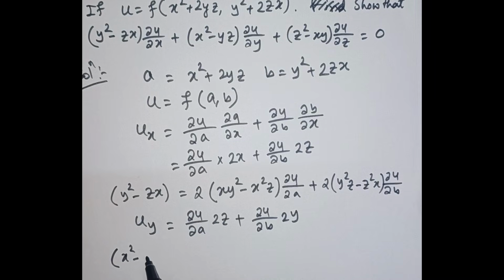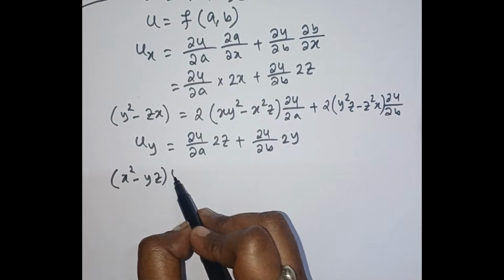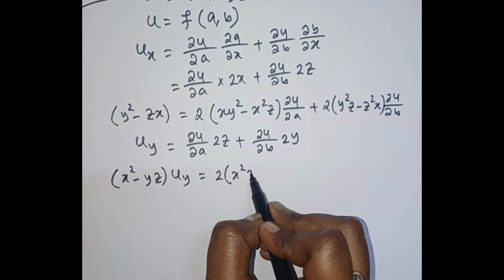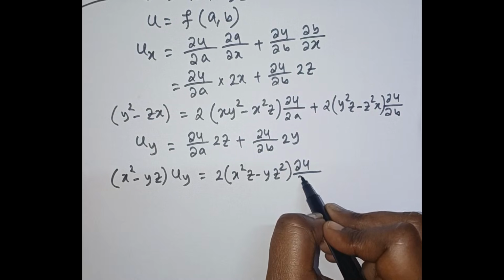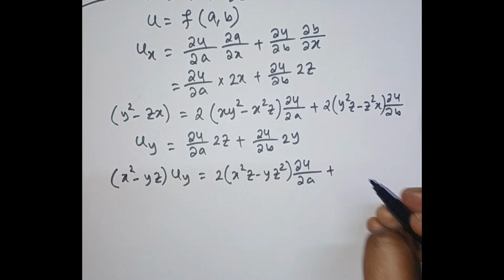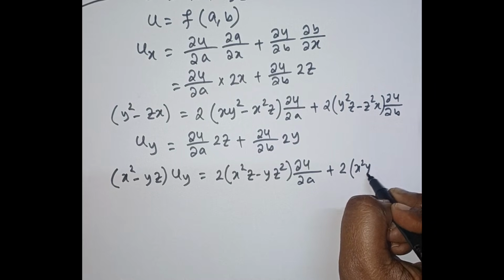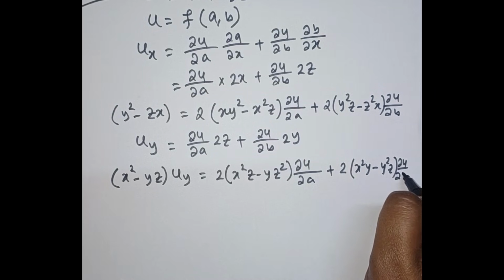So in the expression we need x square minus yz ∂u/∂y. Hence calculate x square minus yz into uy equal to 2 into (x square z minus yz square) ∂u/∂a plus 2 into (x square y minus y square z) ∂u/∂b.